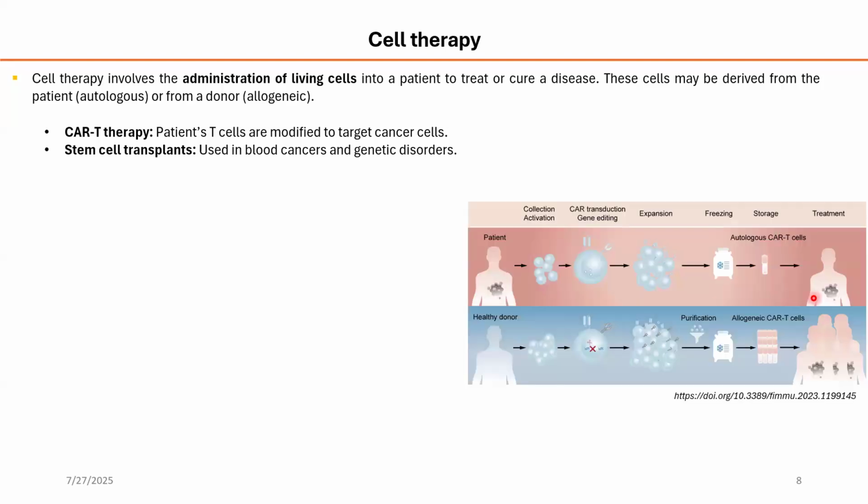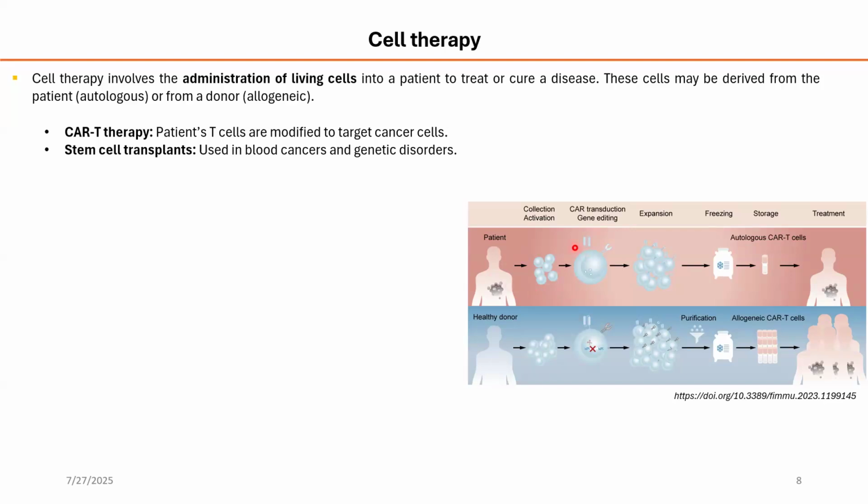So here in this picture, you can see generally how CAR T cell therapy is made. If it is autologous, you take it from the patient itself. You collect the T cells from the patient, and then you do gene editing, where you introduce the modified CAR towards a specific antigen.